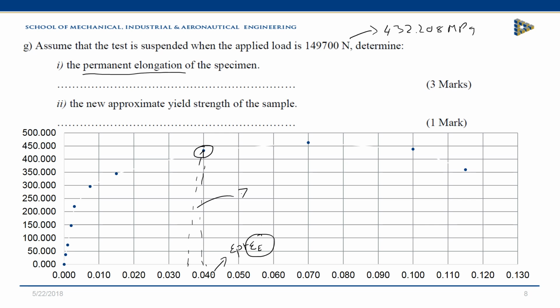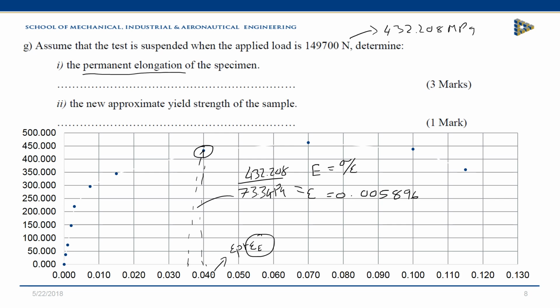I take my modulus, 73.3 GPa, and we know that modulus is equal to stress over strain. So I want to know what the strain is. So I am going to divide my stress, 432.208 MPa, by my modulus, 73.3 GPa, and that gives me a strain of 0.00596.